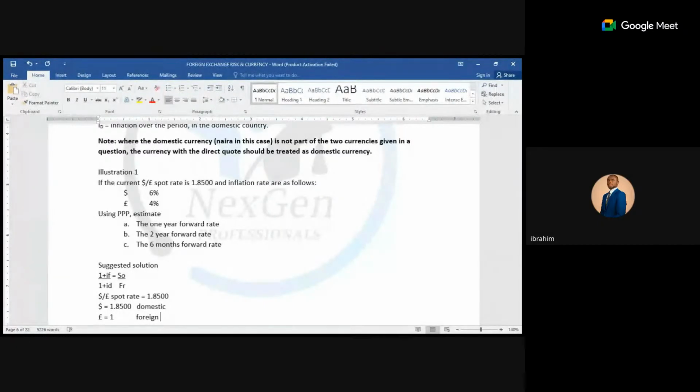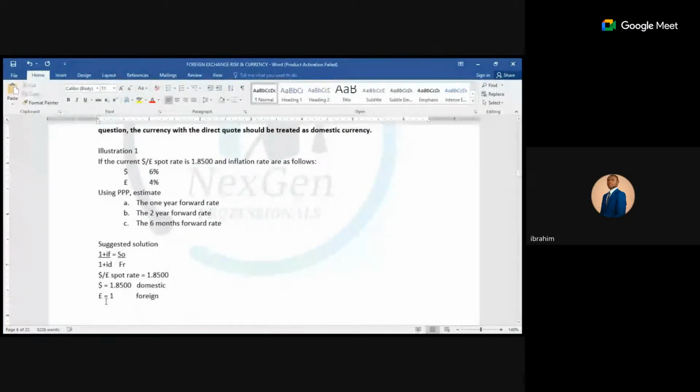Thank you. So if you have this, you can see that you have 1.8500, which happens to be the domestic. Then you have euro to be 1. What it means is that dollar is 1.8500 per 1 euro.